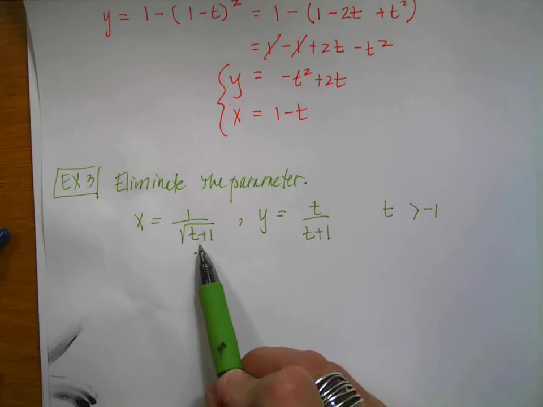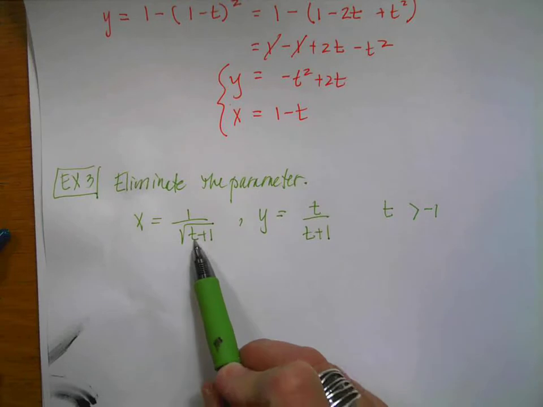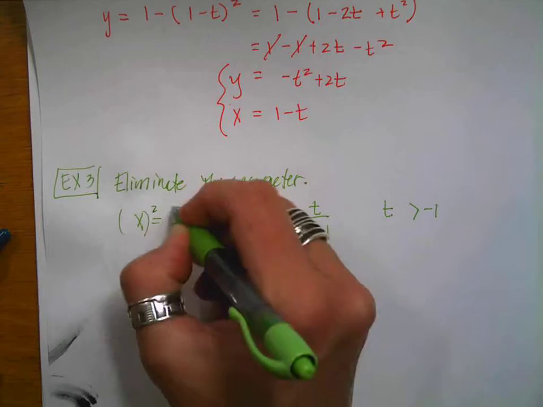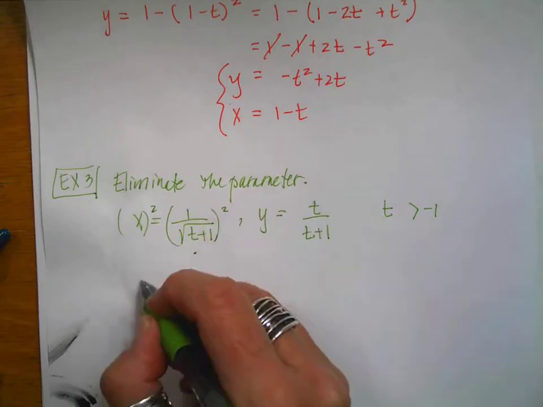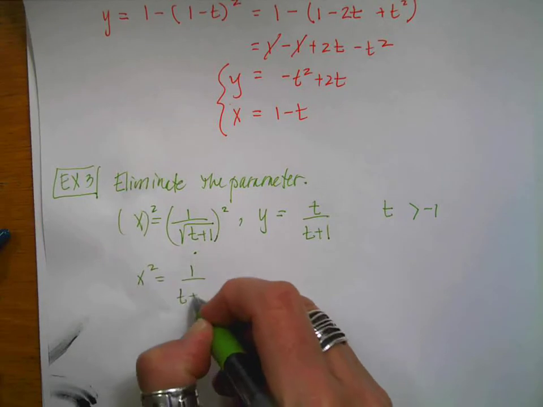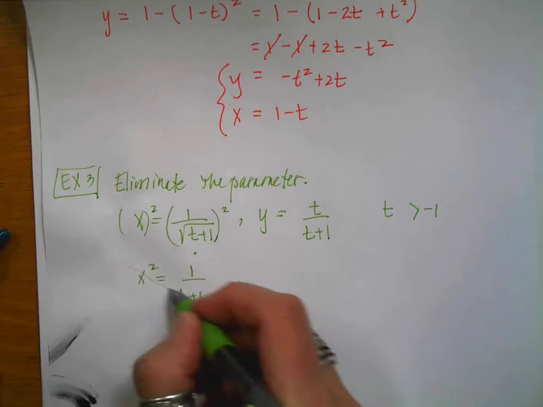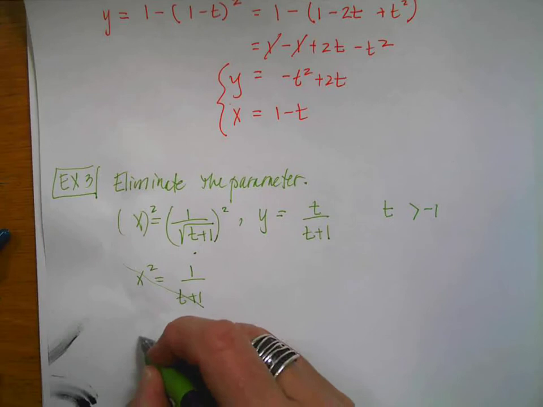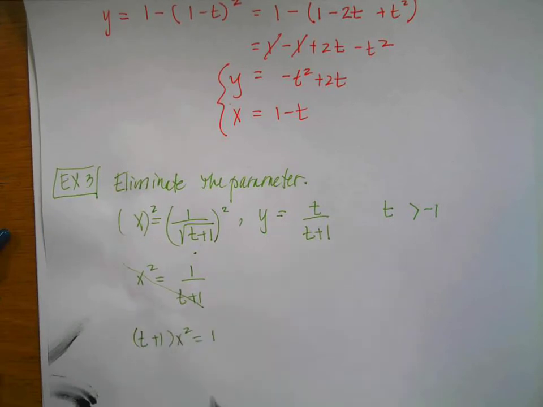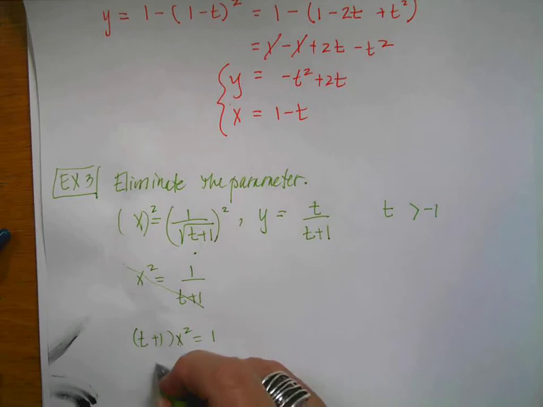So neither of these equations is super simple. This one's actually a little bit less work, so I'm going to try to solve for t. That means I'm going to square both sides of the equation. So I get x squared is equal to 1 over t plus 1. I'm going to cross multiply, and I'm going to get (t plus 1) times x squared equals 1.